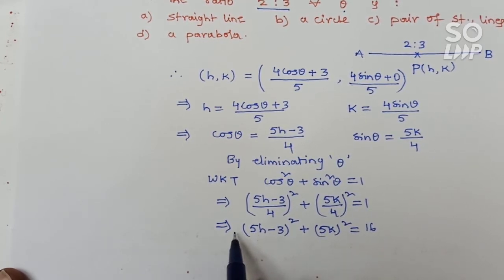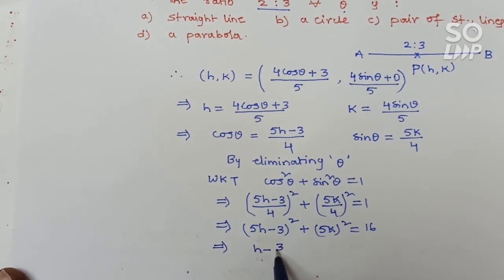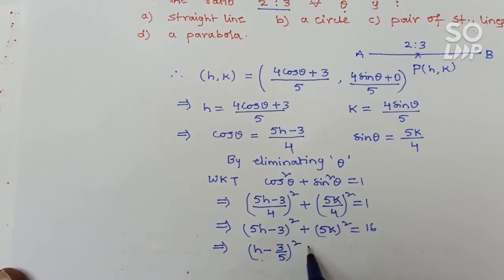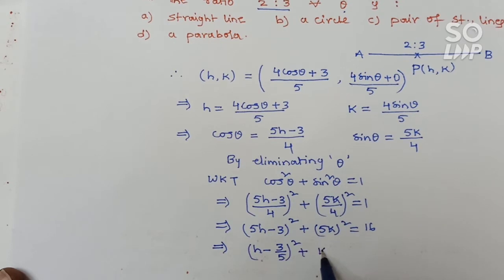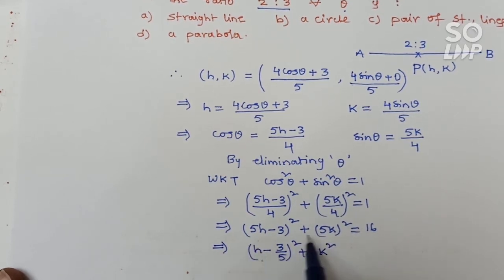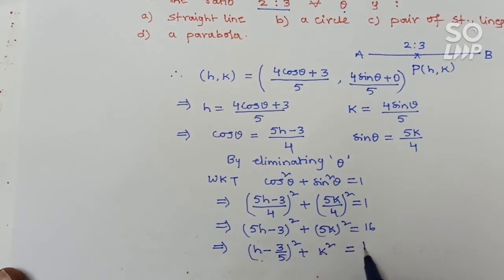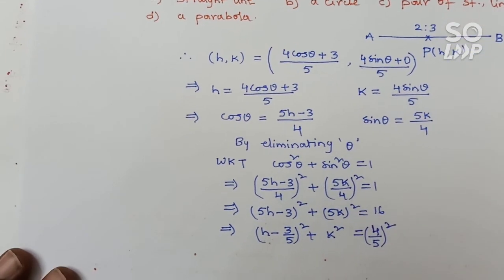When it comes outside, that will be 25. Now this becomes (h minus 3/5) whole square plus k square, and dividing 16 by 25 gives (4/5) whole square.